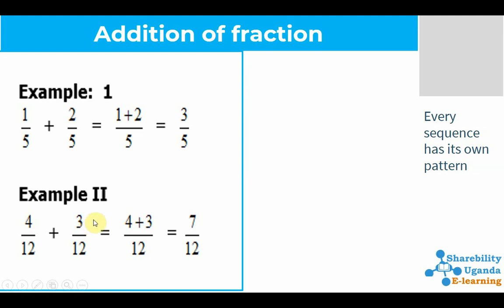Like I've said, when you are adding fractions and you have the same denominator, you write the denominator down, then you add our numerators, which is 4 plus 3. So we come up with 7 out of 12.